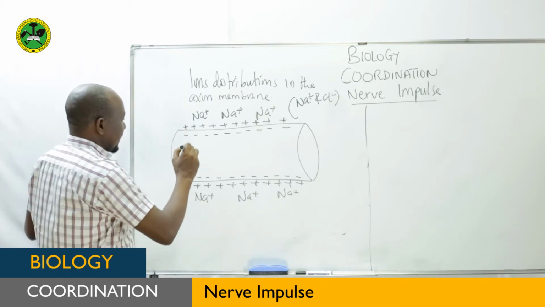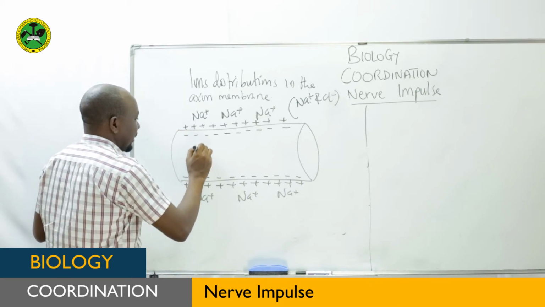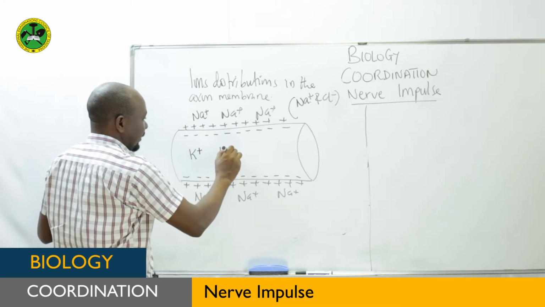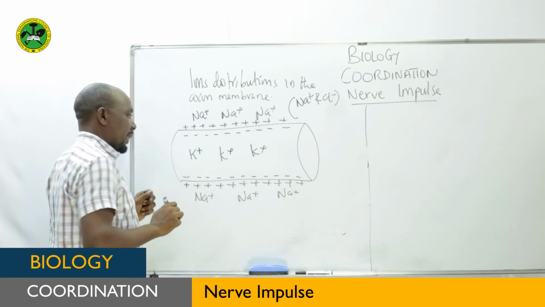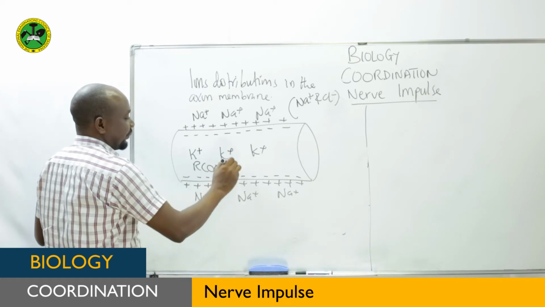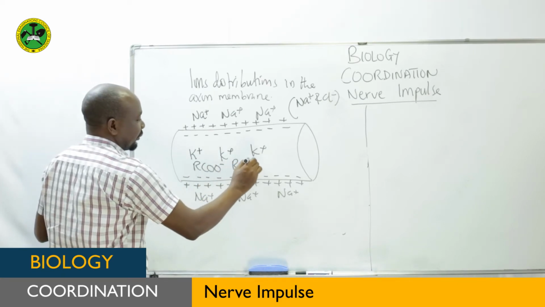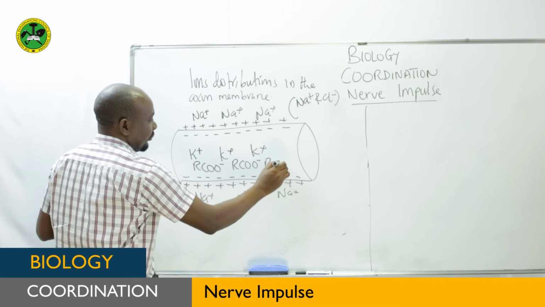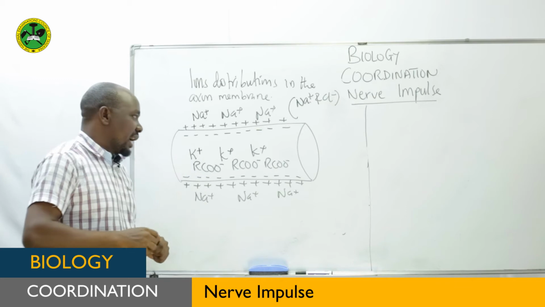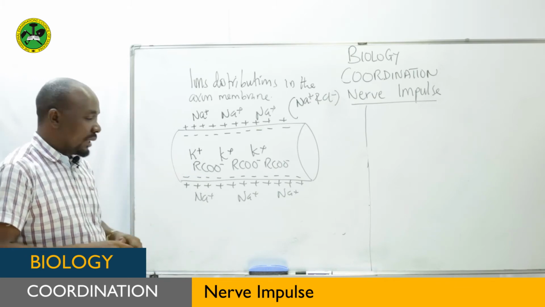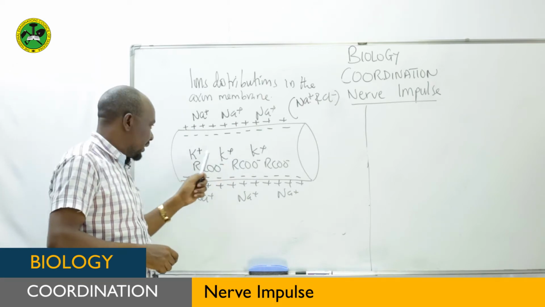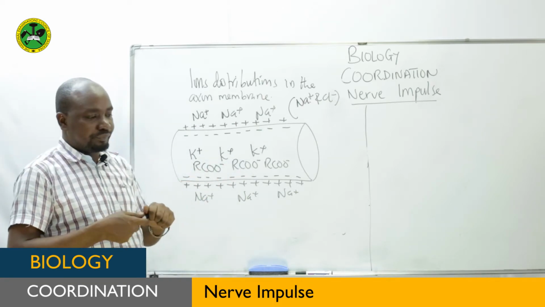Likewise, the inside is occupied by the potassium ions. These are the cations. Also, there are negatively charged proteins. So it is net negative inside because there are more negatively charged proteins than potassium ions.